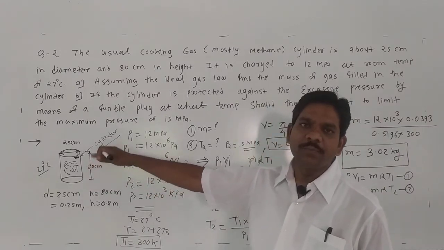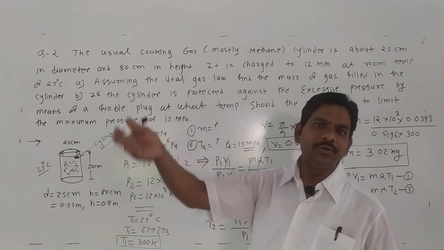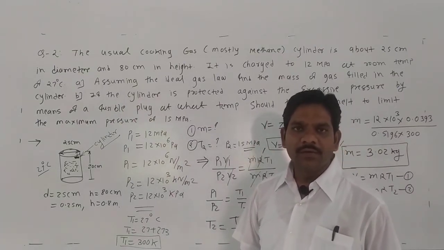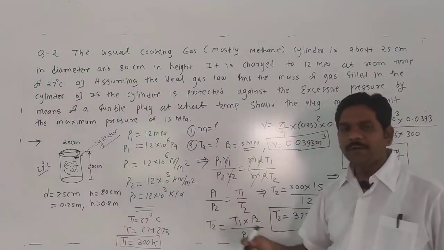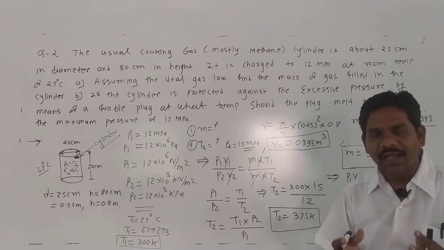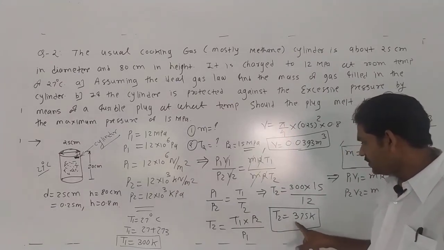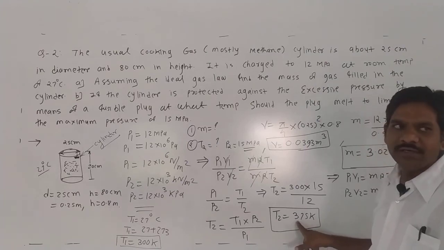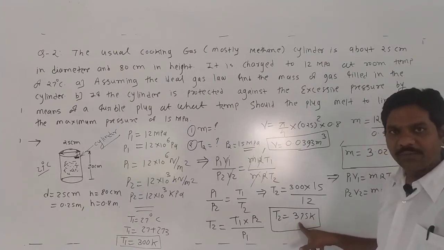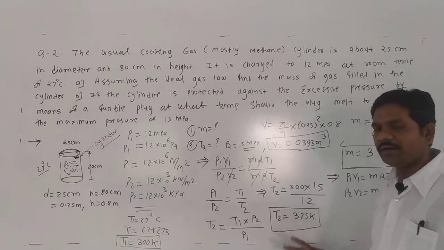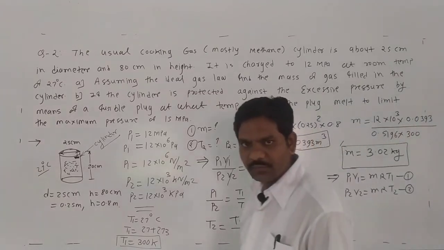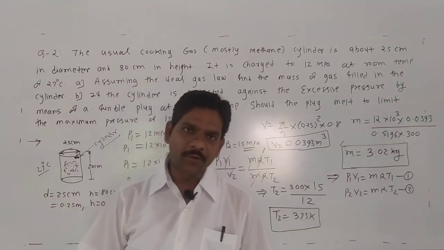This excessive pressure of the gas is released into the atmosphere whenever the fusible plug starts to melt. And on which condition should it start? It should start at this particular temperature. So this is the temperature limit, 375 Kelvin. Okay guys, did you get the problem?